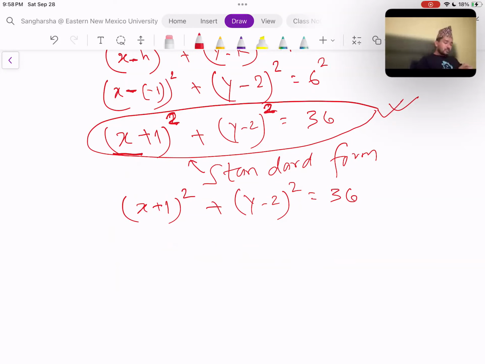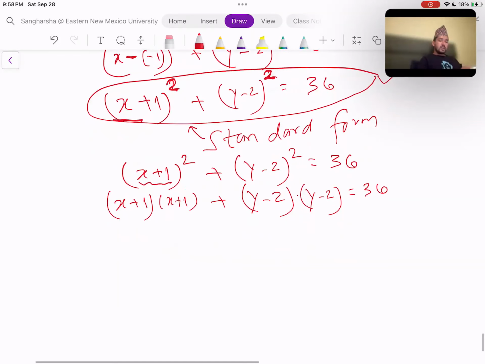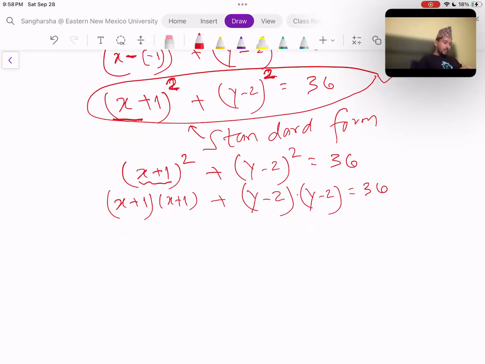So (x plus 1) squared means the same as (x plus 1) times (x plus 1), so you are multiplying x plus 1 two times. Similarly, (y minus 2) squared means (y minus 2) times (y minus 2) equals 36. Now we use FOIL. First term: x times x, x squared.